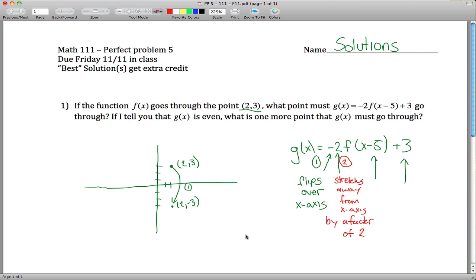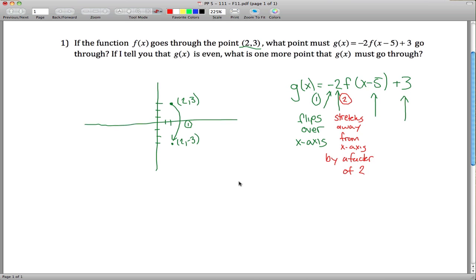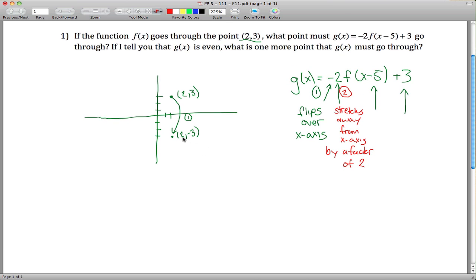So really what it does is it multiplies all the old heights by 2. This point had a height of -3, so if we stretch that away from the x-axis, we double that height. From -3 it goes down to -6. So instead of this point being at (2, -3), it now moves down here to (2, -6).